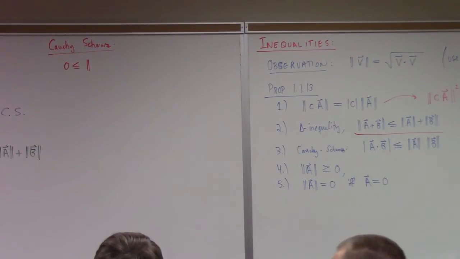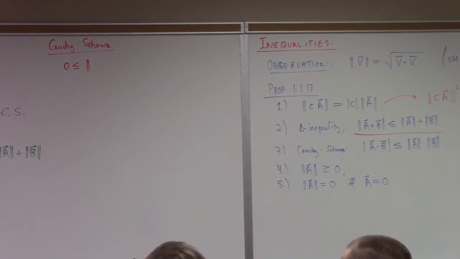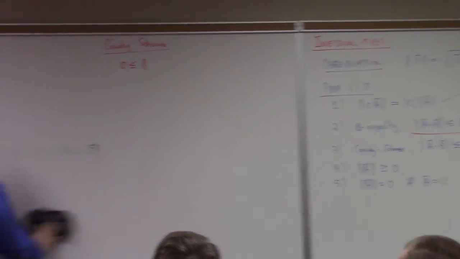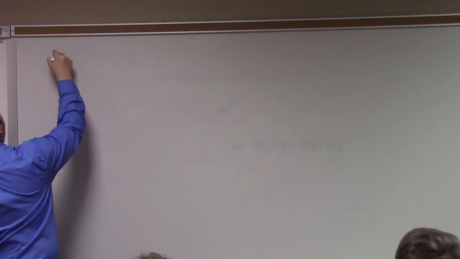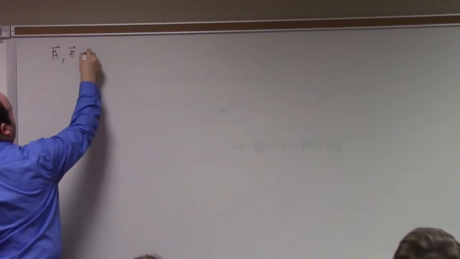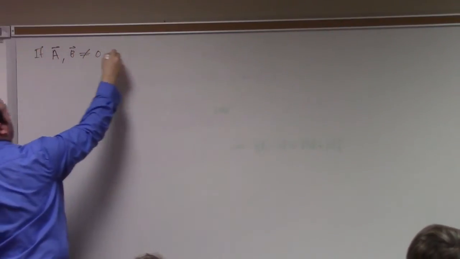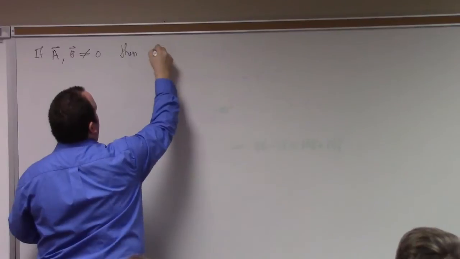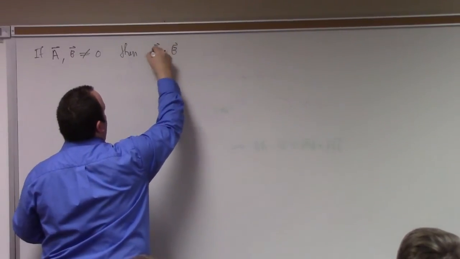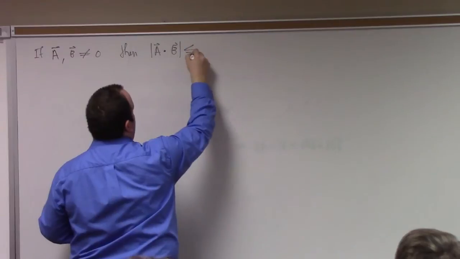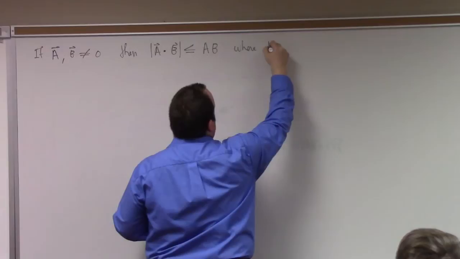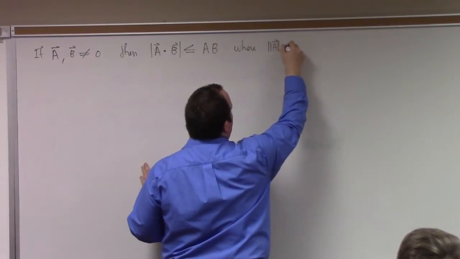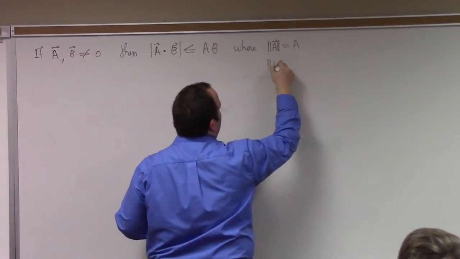So consider this then. If A and B are not equal to 0, then the magnitude of A dot B is less than or equal to the length of A times the length of B, where I finally remembered that I should use my notation.